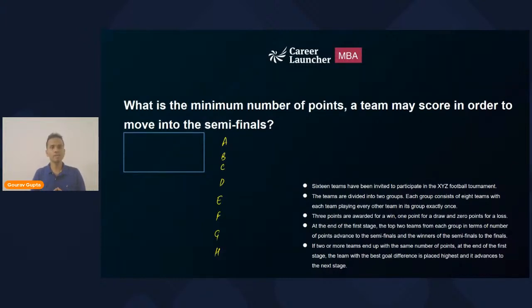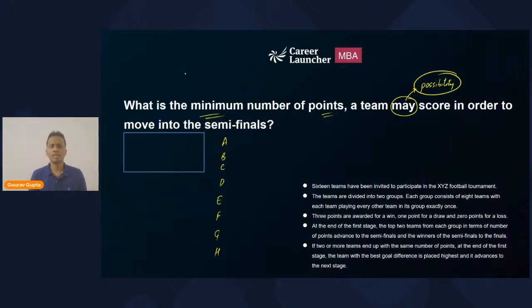Now, since we have to minimize the number of points, we'll have to look at a team's possibility, not surety, to get into the next round. Again, I'm talking about the possibility, not surety. So I'm looking for the possibility for a team to get into the next round, and we have to minimize the number of points.